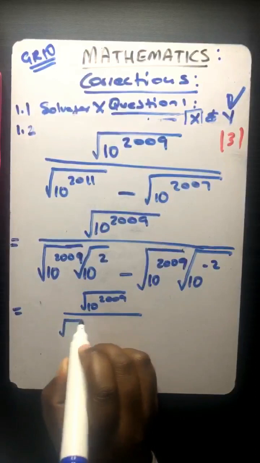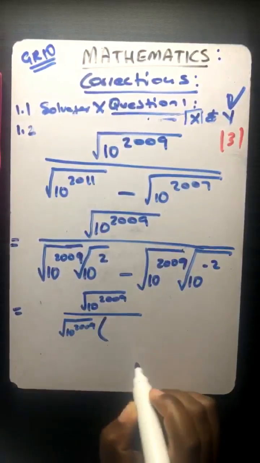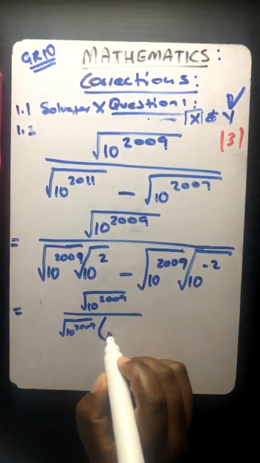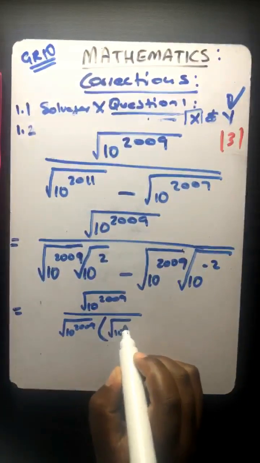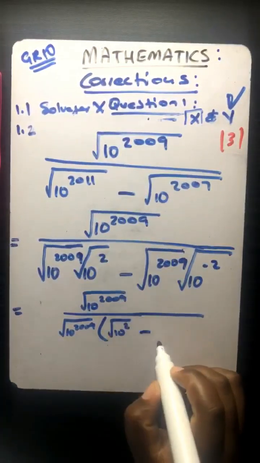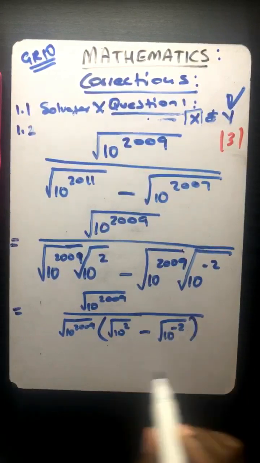What if I take out the square root of 10 to the exponent 2009 as a common factor? That means I'm only going to be having the square root of 10 to the exponent 2 minus, which is that minus. Then I'm just going to have the square root of 10 to the exponent negative 2.